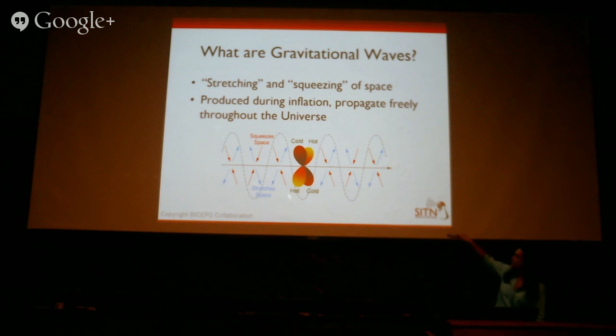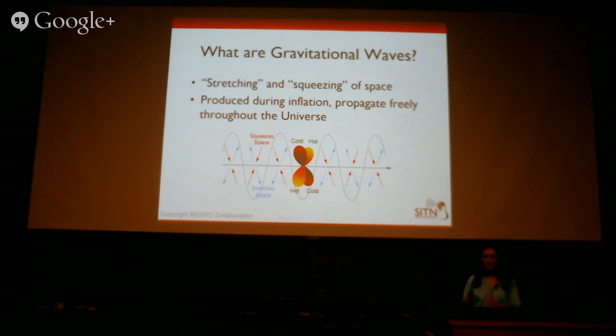This is a better picture of what a gravitational wave looks like. You have this wave moving along the screen from left to right. And as it moves, you can think of space as squeezing back and forth like a slinky. It's getting stretched out along this direction and squeezed along this direction, going back and forth and back and forth. When space gets squeezed in, all of the stuff in that part of space gets pushed a little closer together.